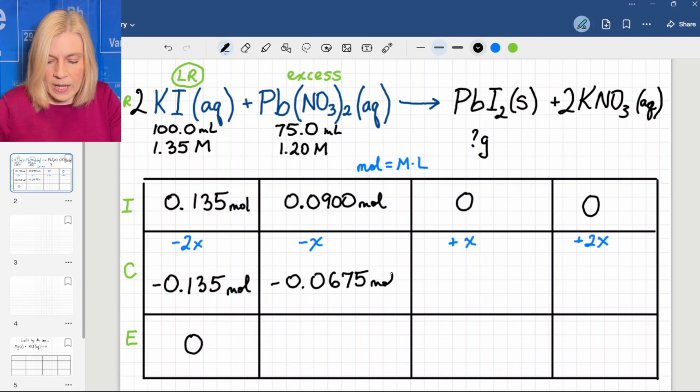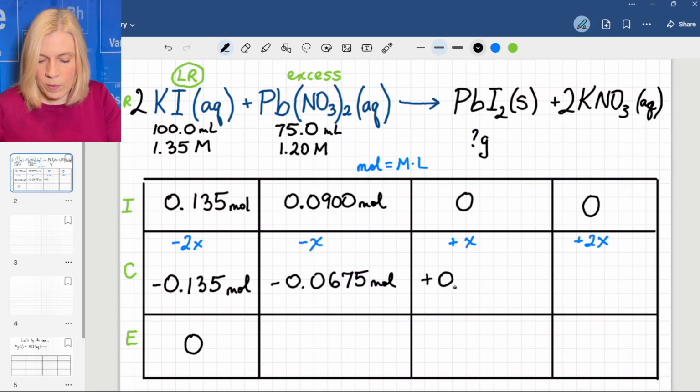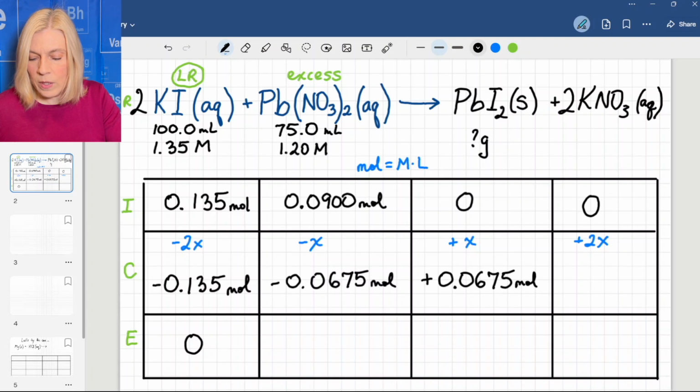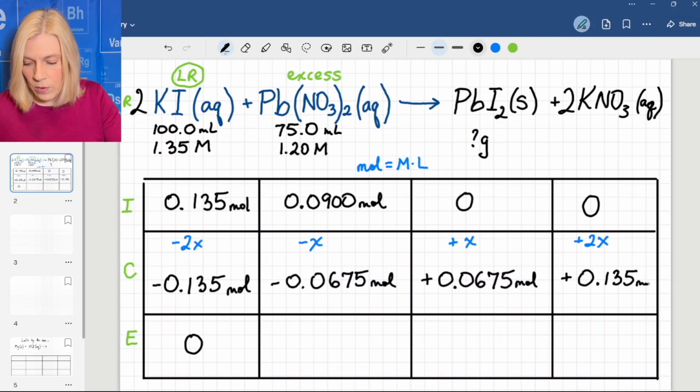And going down here is plus x. Now I'm going to add that amount, 0.0675 moles. And I'm also going to do plus 2x, and remember what my 2x is. My 2x is 0.135 moles. Do you see how you can do things really fast using a table? I think it's much easier to see.